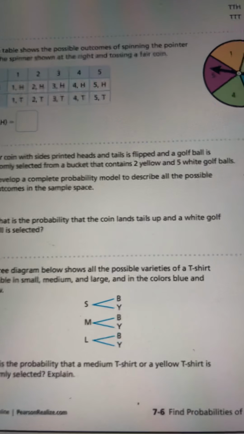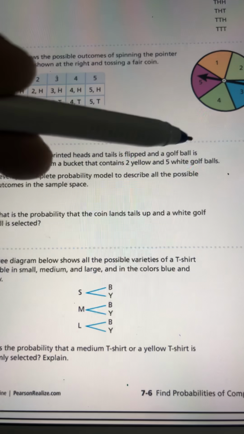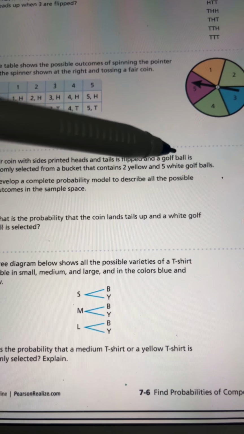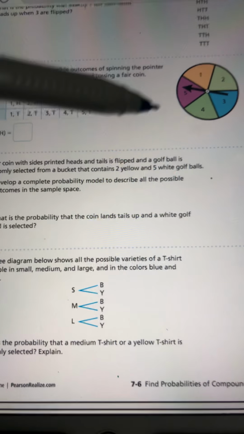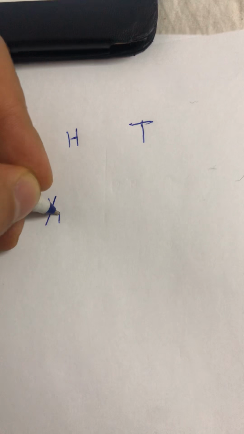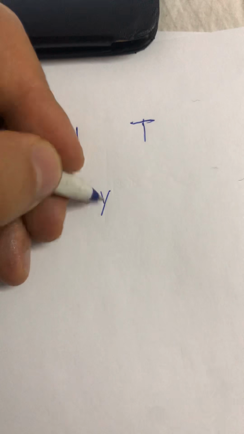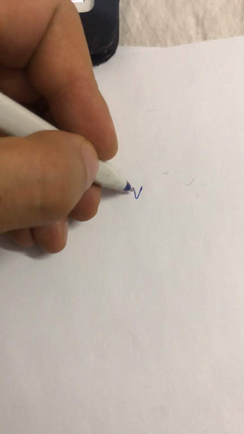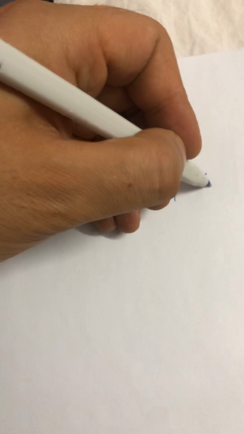Now, a golf ball is randomly selected from a bucket that contains 2 yellow and 5 white golf balls. So we have 2 yellow and 5 white. I represent like this: 2 yellow, that means yellow 1, yellow 2. And we have also 5 white, that means white number 1, white number 2, white number 3, white number 4, and white number 5.